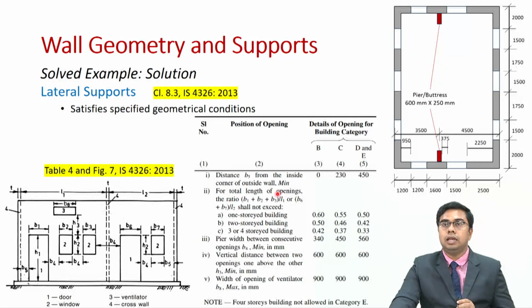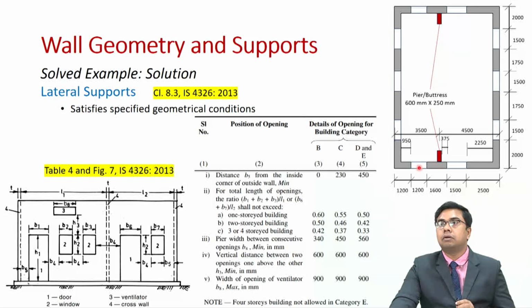Then the total length of openings, that is the ratio B1 plus B2 plus B3 divided by L1. What is this? For any wall, B1 plus B2 plus B3. Then this is a cross wall or pier or buttress. Then in this case B6 plus B7 divided by the length of this wall, that is L2. So that is mentioned over here.